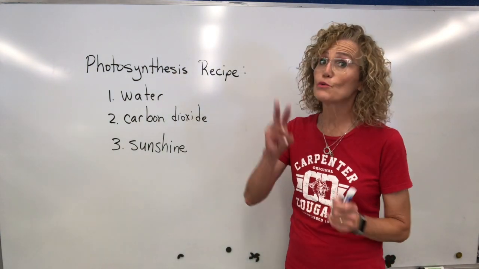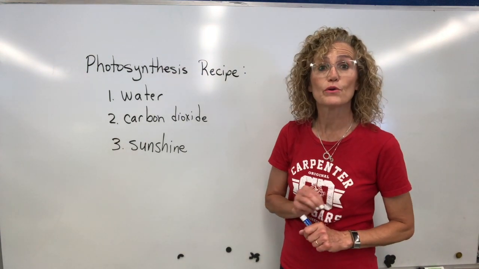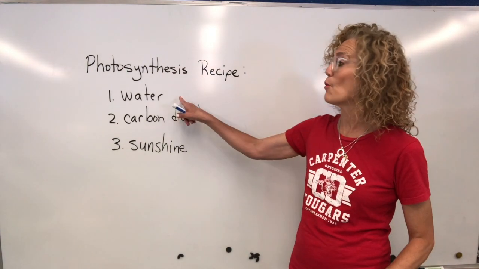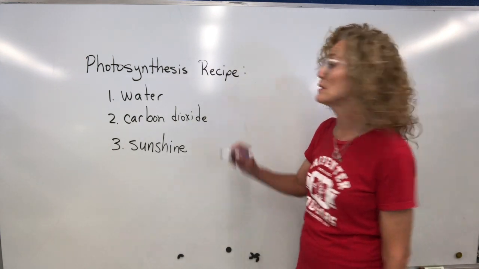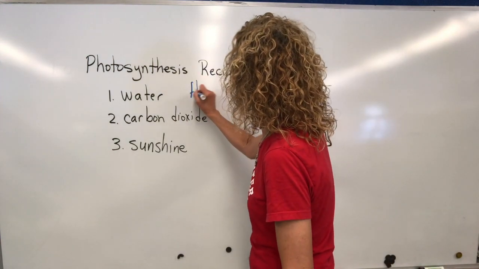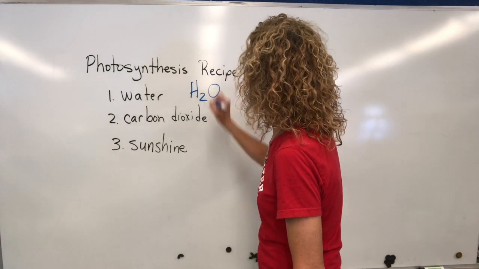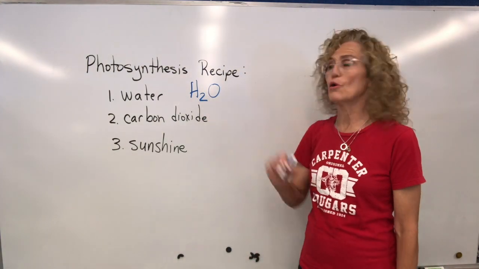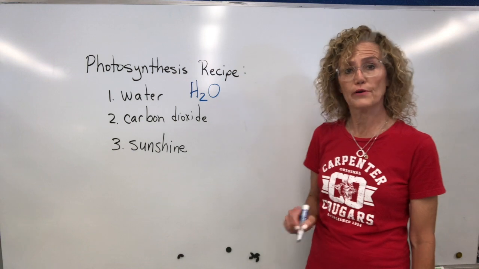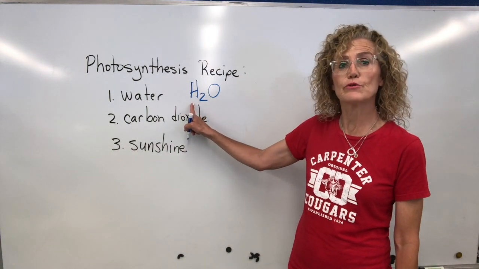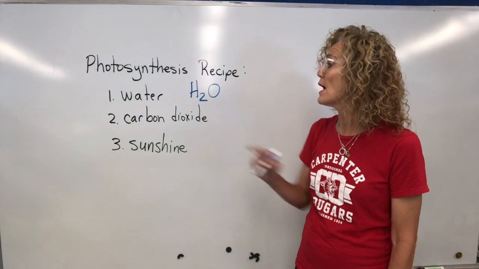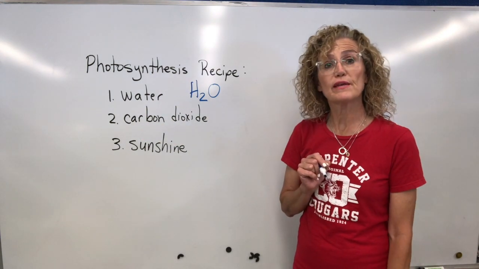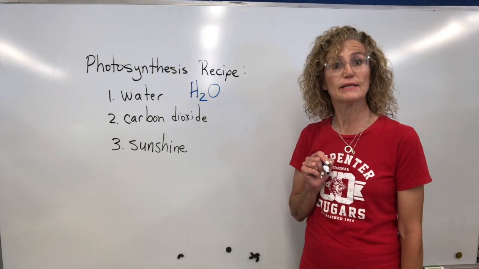There's only 3 ingredients in the photosynthesis recipe. Ingredient number 1 is water. And water has a chemical formula of H2O. H2O, you guys have heard of it, that's water. 2 hydrogen atoms and 1 oxygen atom. Then the next part of the recipe is carbon dioxide.